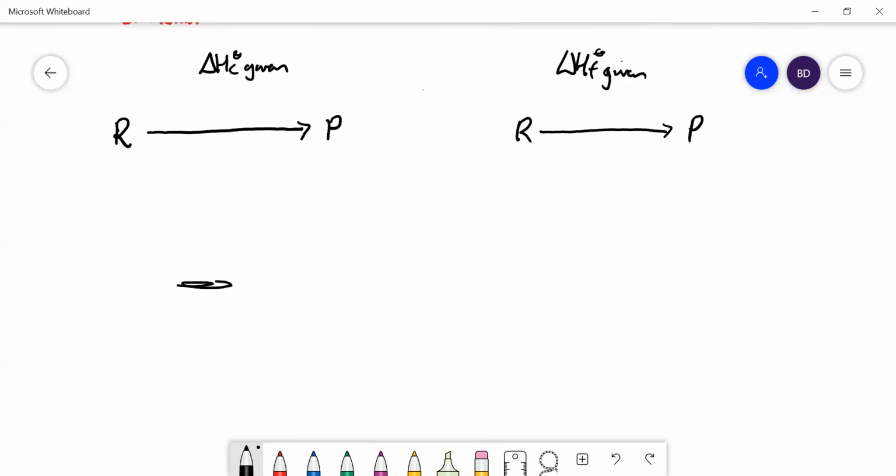Right, now in Hess's law, we've got to draw a cycle. You've always got to draw a third thing down here. Okay, and it's thinking, what is that third thing? That's the tricky bit. Now, when you're given delta HC, you put down the combustion products, which are usually CO2 and H2O.